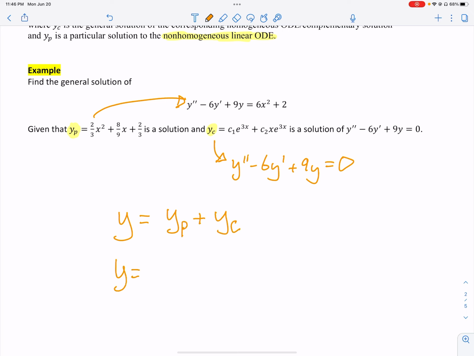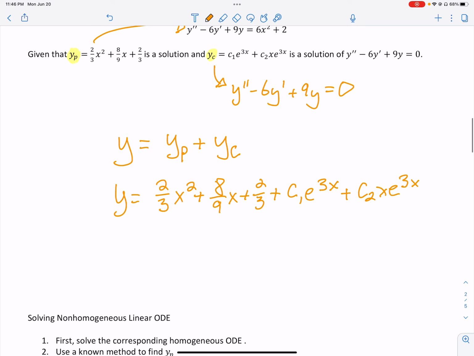So y equals, and I literally just write all this stuff in, 2/3 x squared plus 8/9 x plus 2/3, and I add it to the other solution, C1 e^(3x) plus C2 x e^(3x).